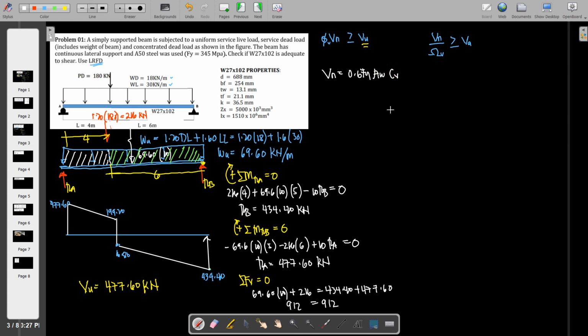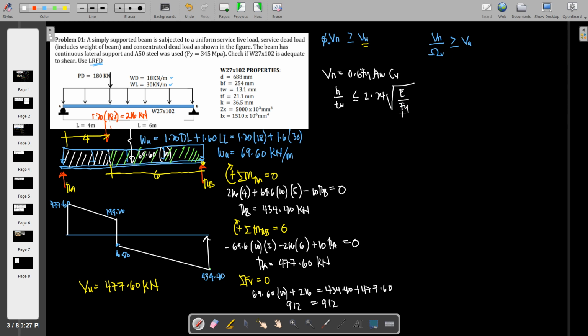So in here, we need to check our ratio of h over tw, no? So case 1 muna tayo. Let us see if it would satisfy this expression, square root of E all over Fy.